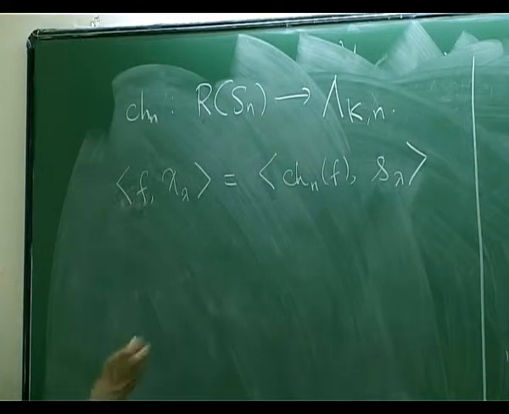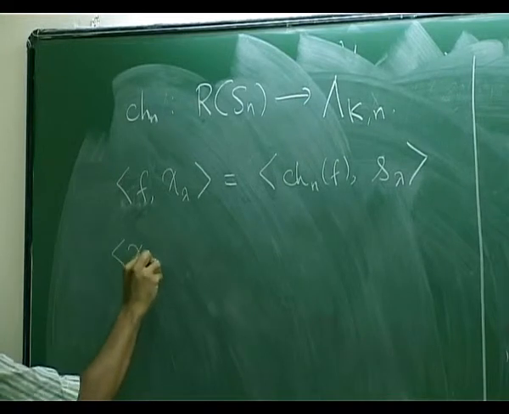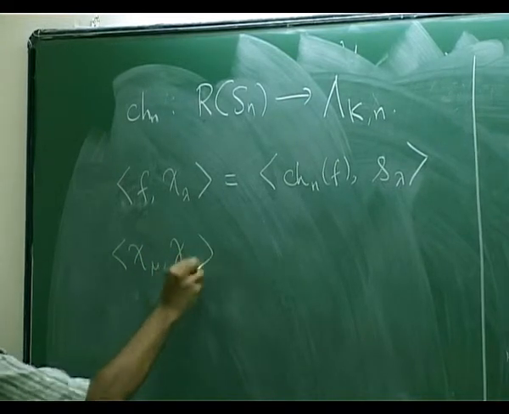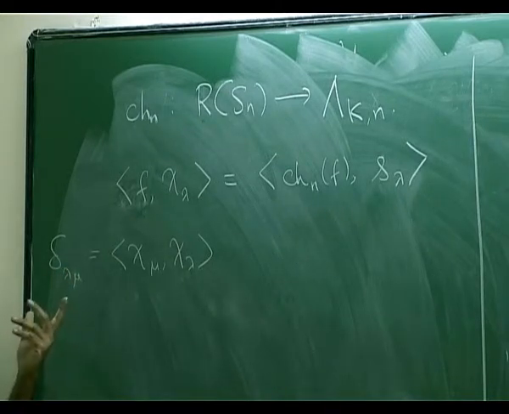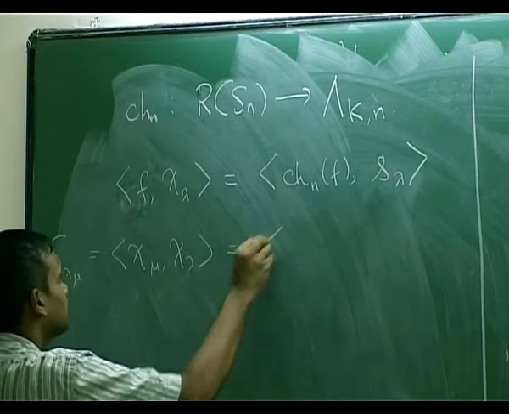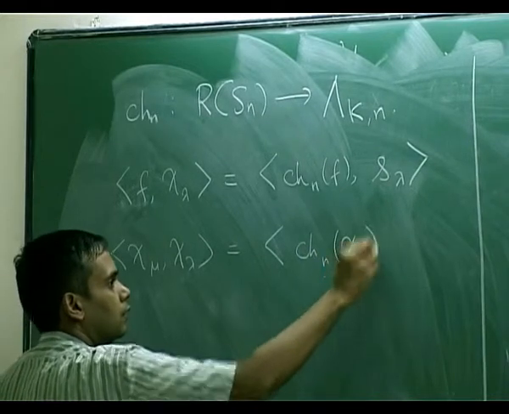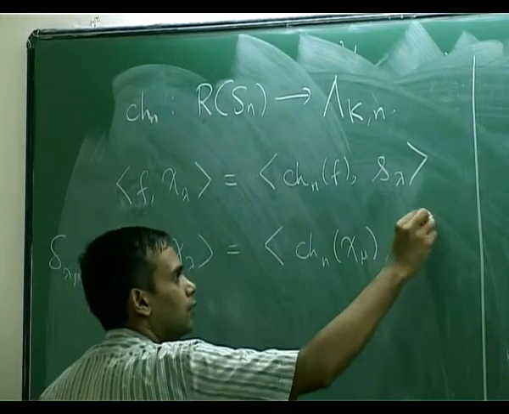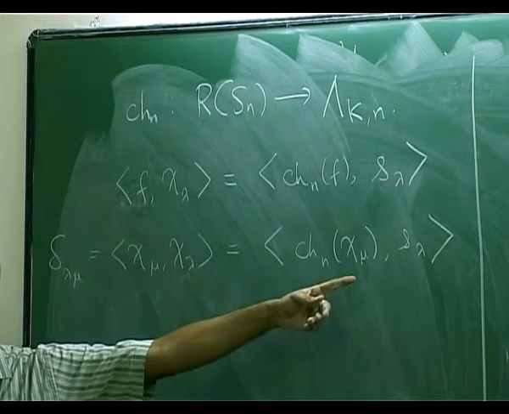Now here's a nice observation. If you take chi mu against chi lambda, Schur's orthogonality relations tell you that this is 0 if lambda is not mu, and 1 if lambda is equal to mu. But this is the characteristic function of chi mu against S lambda.